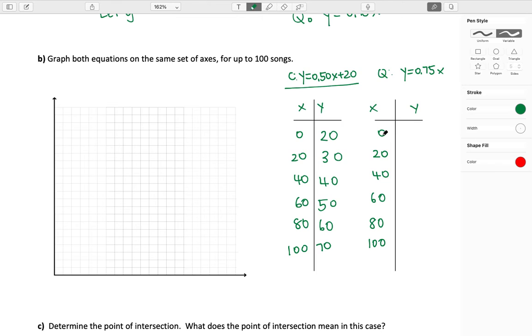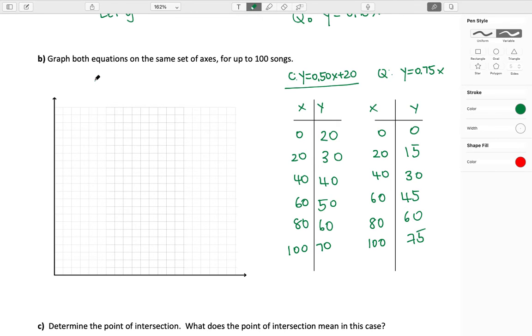Same thing for the second equation: I plug in 0 into X, and 0.75 times 0 is 0. And then 20 times 0.75 is going to give me 15. Okay, so now that we're done, we can draw the graph.